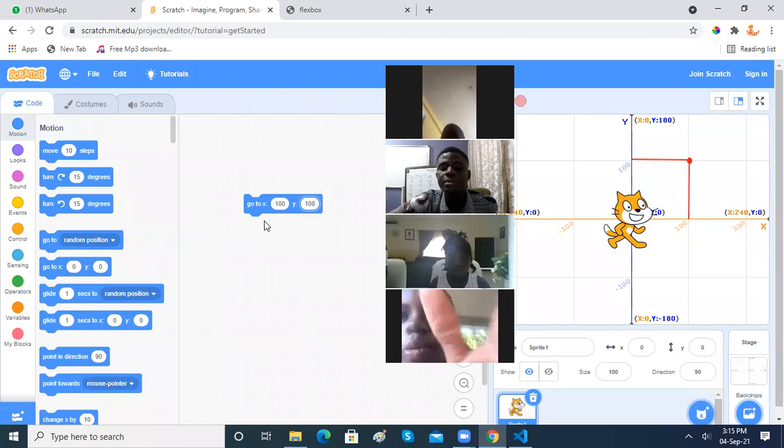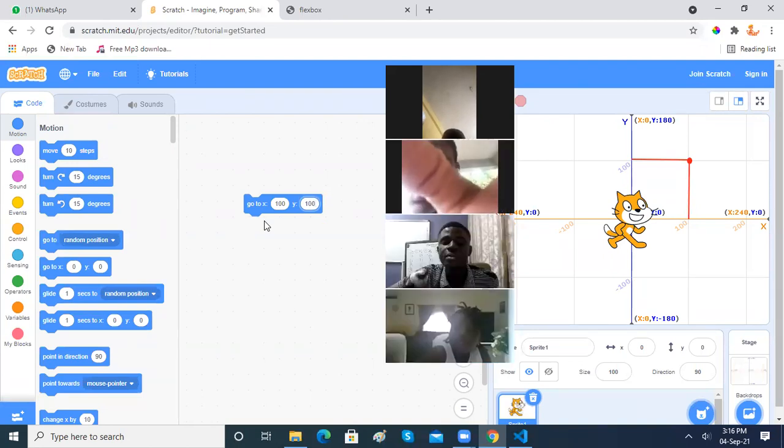Why? Because it is already at the middle, and when it's at the middle, it will be going straight to the dot. Okay, your reason is good, but that is not the correct answer.